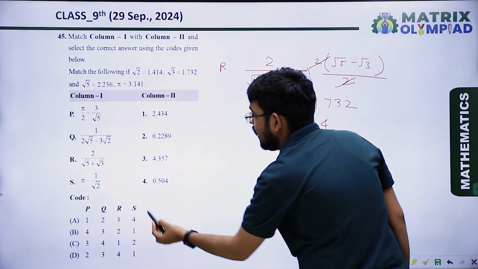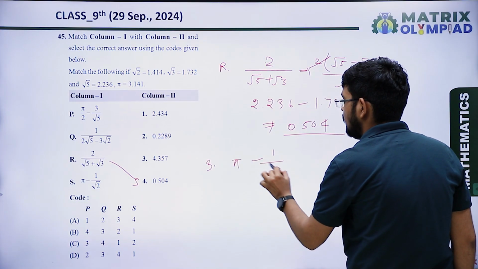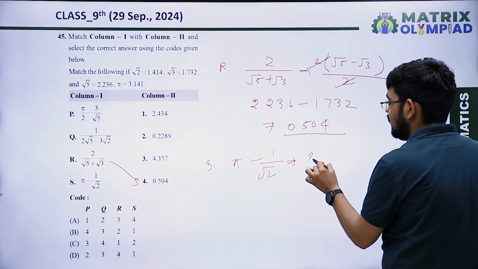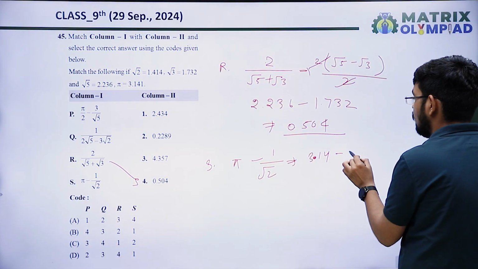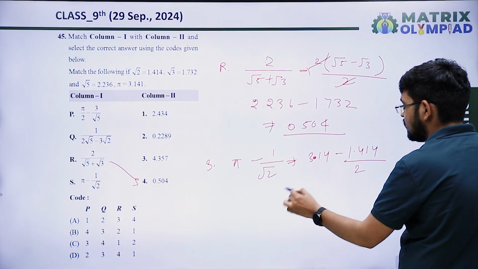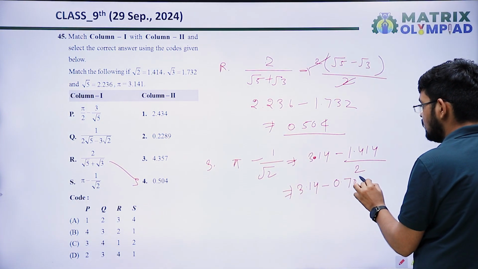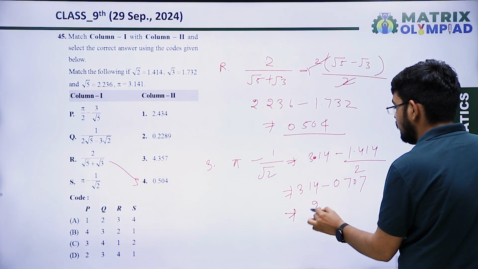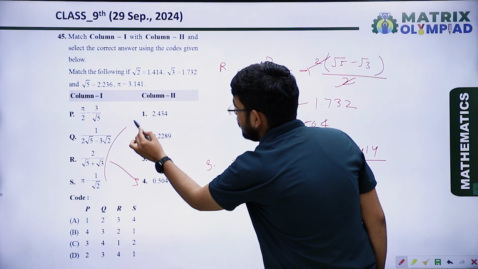So R's correct answer is 4th. Now S: pi minus 1 upon root 2. After rationalization, you will get 3.14 minus 1.414 upon 2, so 3.14 minus 0.707. After simplification you will get 2.434. So S's answer is first.